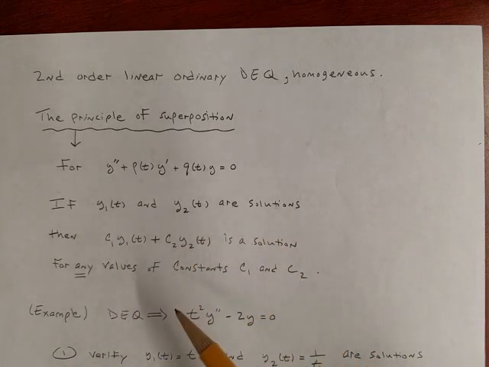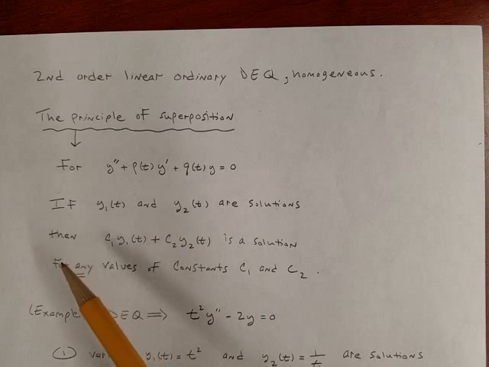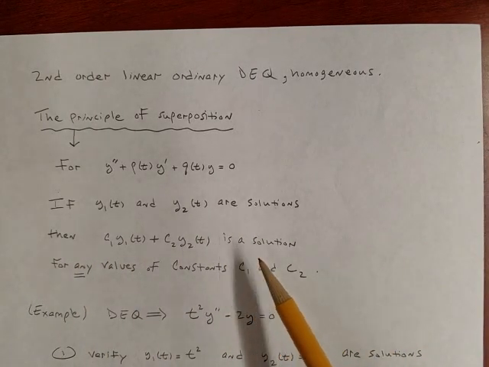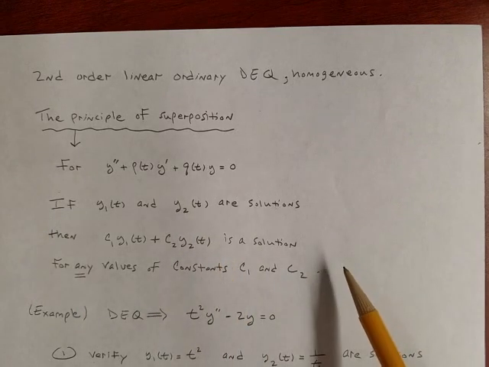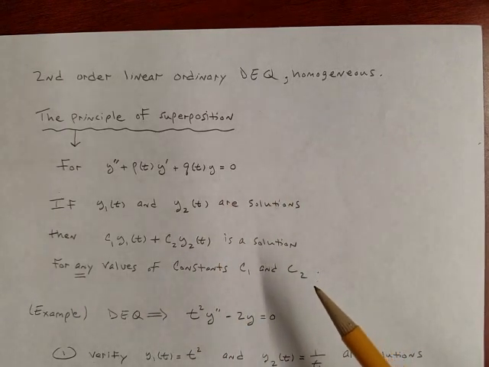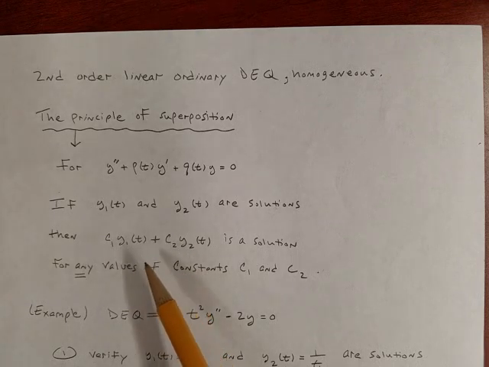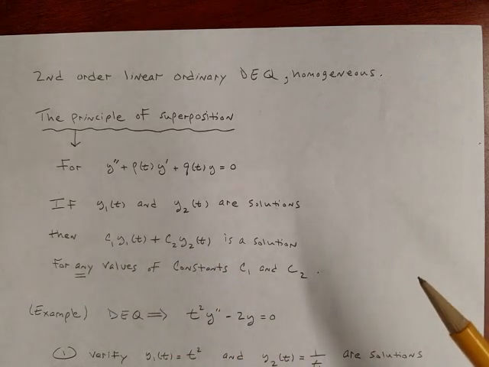Doesn't really matter how you get it. It's always true that this linear combination of those two solutions will also be a solution. Take whatever constants c1 and c2 you want. I promise you that that's also going to be a solution.